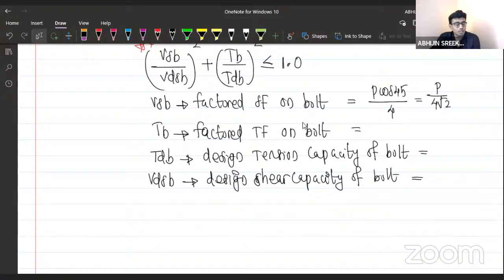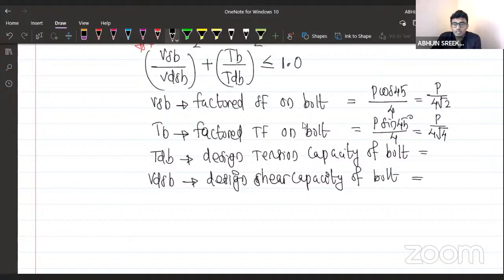Can I say like this? Yes. Similarly, factored tensile force on each bolt. Total tensile force here is P sin 45, divided by 4, which gives the factored tensile force, that is also P by 4 root 2.